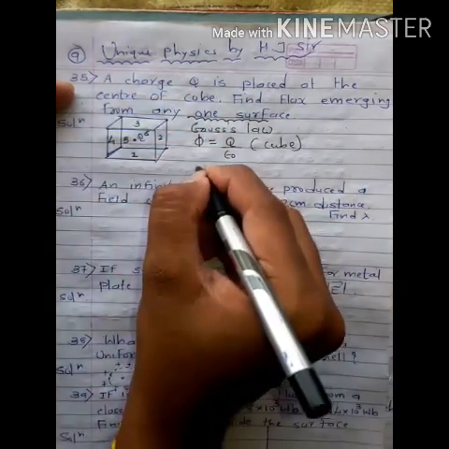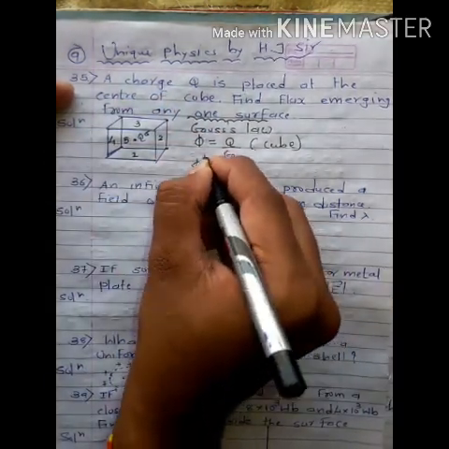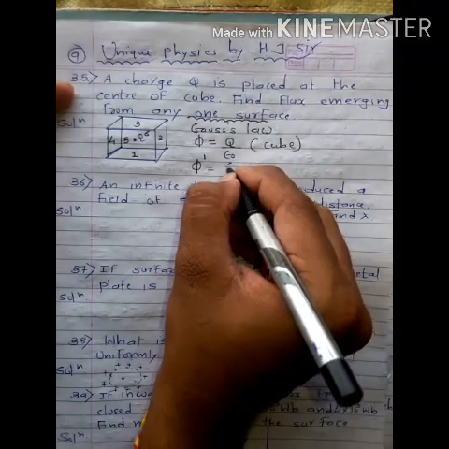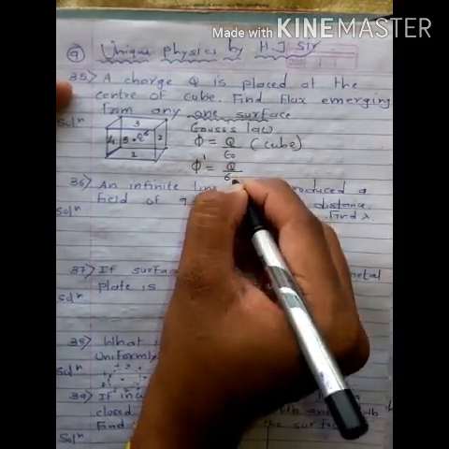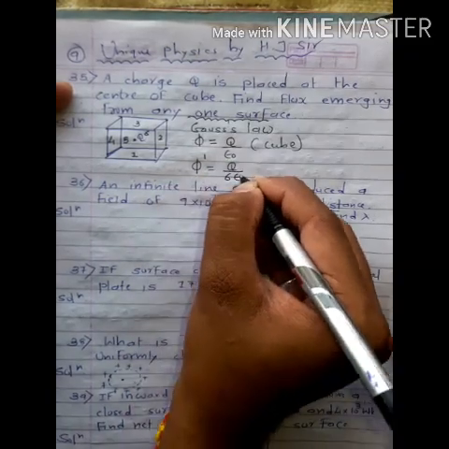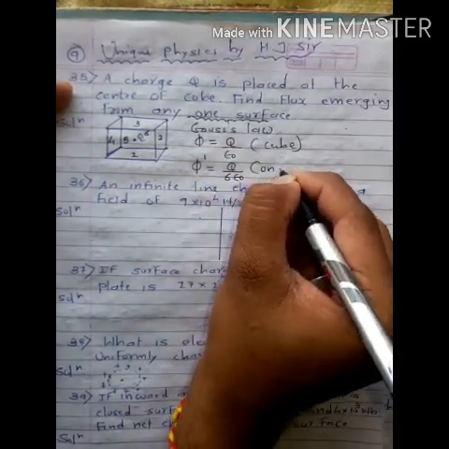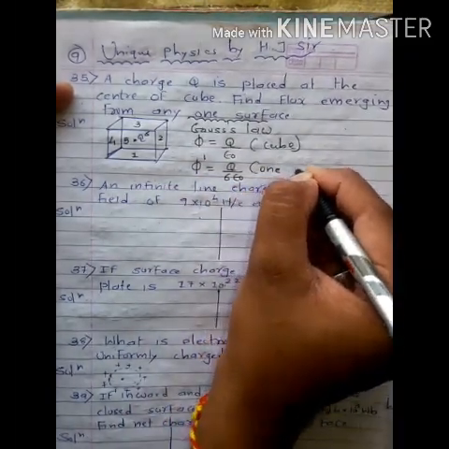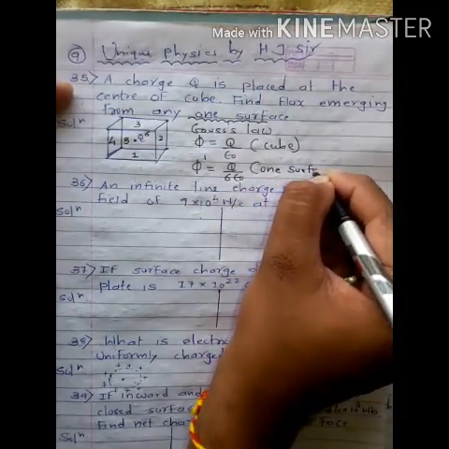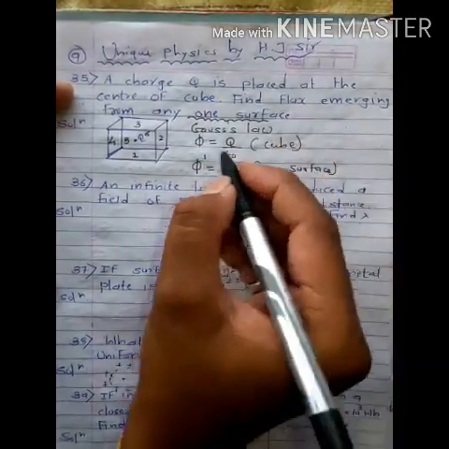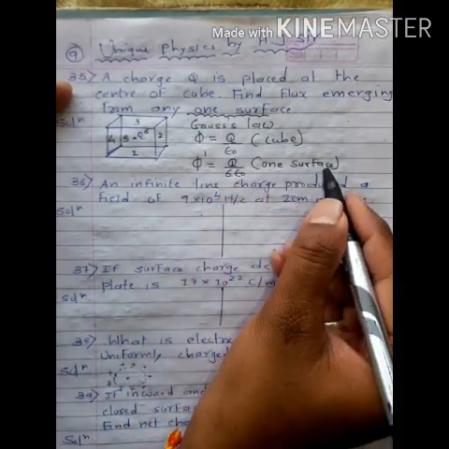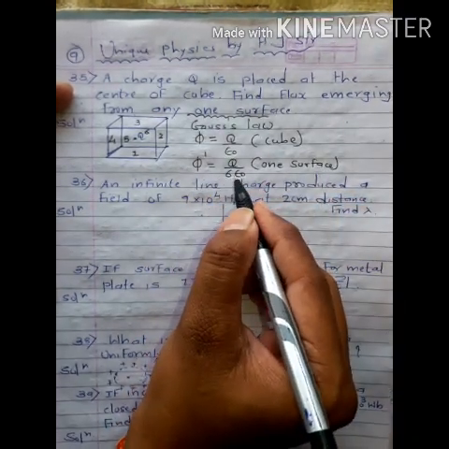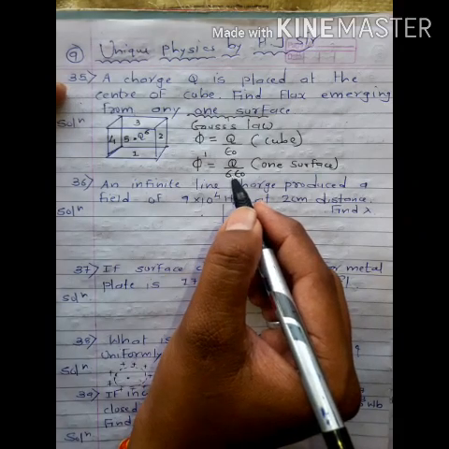So we have total 6 surface, therefore new flux phi dash is equals to q upon 6 epsilon 0. Clear? This is possible for any one surface. Suppose we have whole cube, so electric flux is q upon epsilon 0, but for any one surface it becomes q upon 6 epsilon 0.